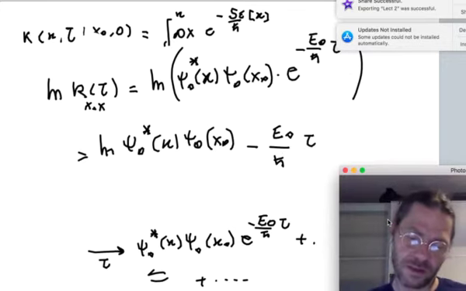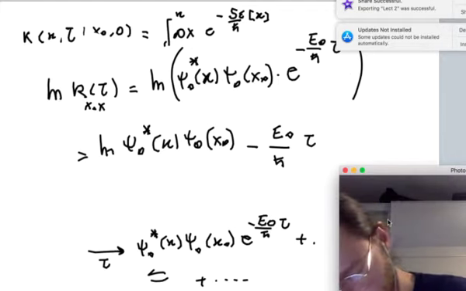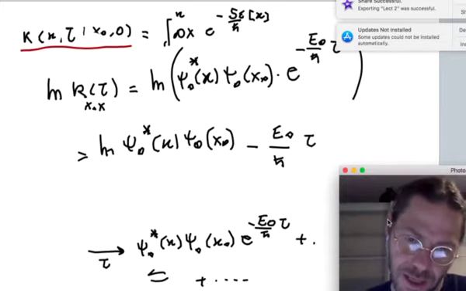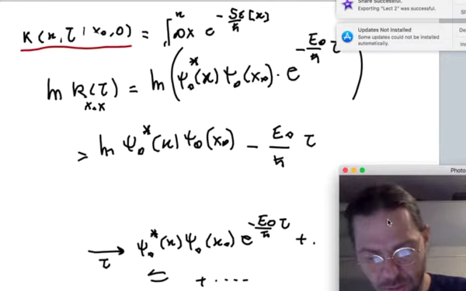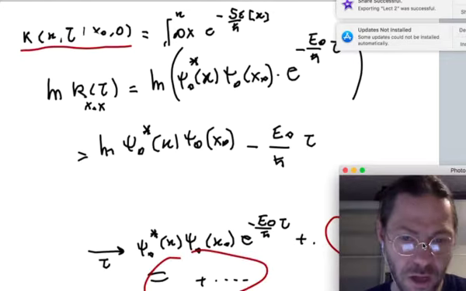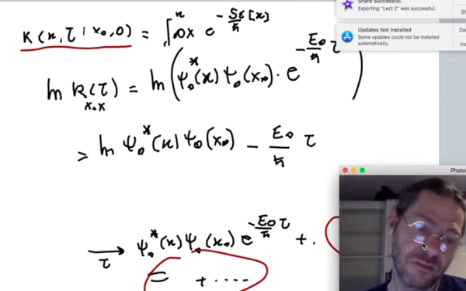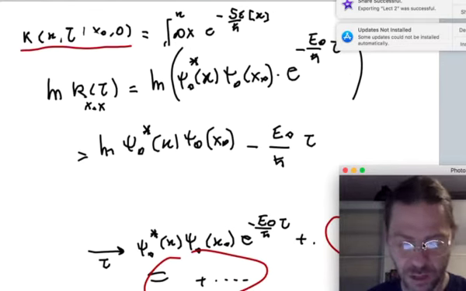So now you see that if I plot this propagator in a logarithmic plot as a function of linear time, I expect that for large times, after I have filtered out all the excited states, this correlation function should scale like a negative straight line with a given slope, which is E naught over h bar.